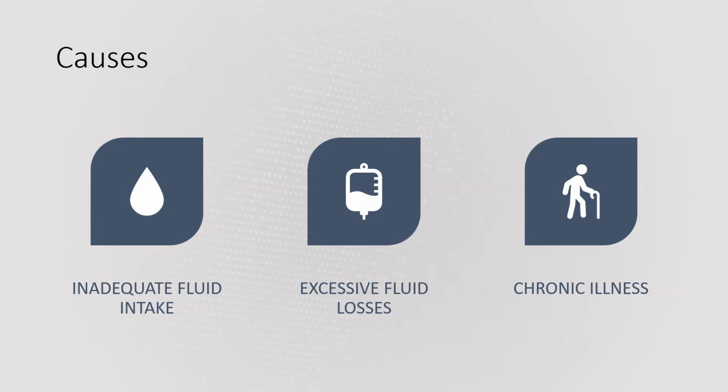So here we are having excessive fluid losses, and that occurs with hypertonic dehydration. And then lastly, hypotonic dehydration is caused by chronic illness. So excessive fluid replacement, kidney disease, and chronic malnutrition will cause hypotonic dehydration. Okay?